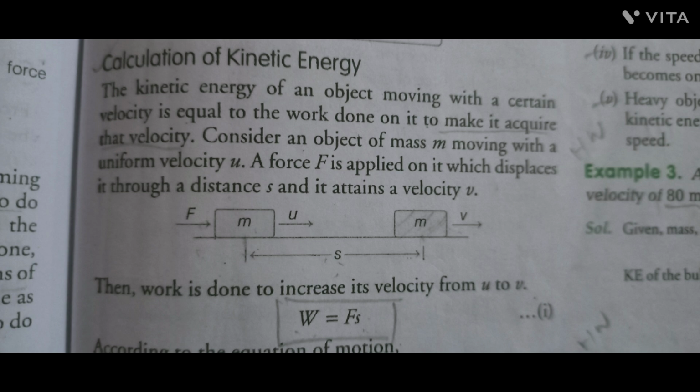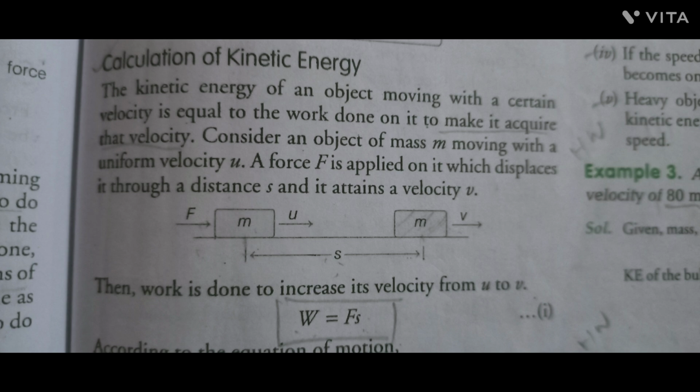The kinetic energy of an object moving with a certain velocity is equal to the work done on it to make it acquire that velocity. Let us take an object of mass m moving with a uniform velocity u as shown in the figure. Now a force F is applied on it, which displaces the object through a distance s, and it attains a velocity v.